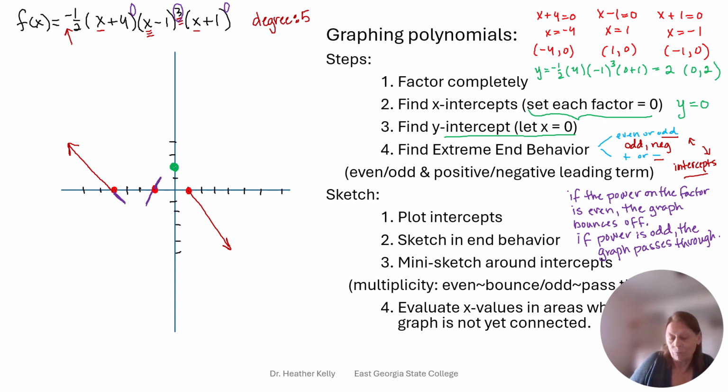At the intercept 1, 0, so sorry y'all, that is also going to pass through. Now, we can connect the dots here because there is a dot to connect.